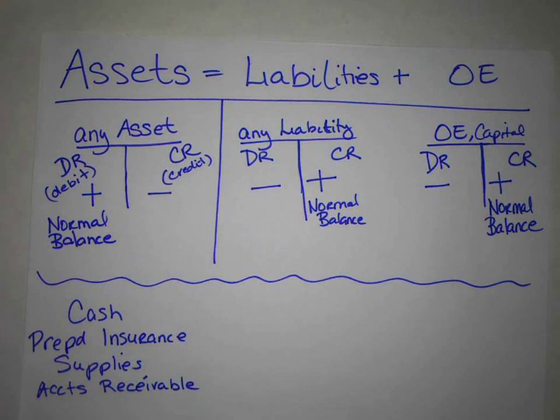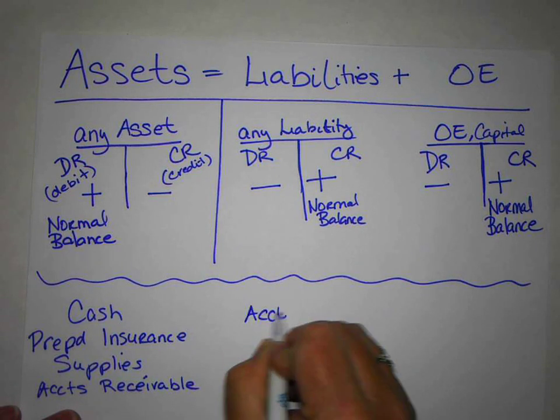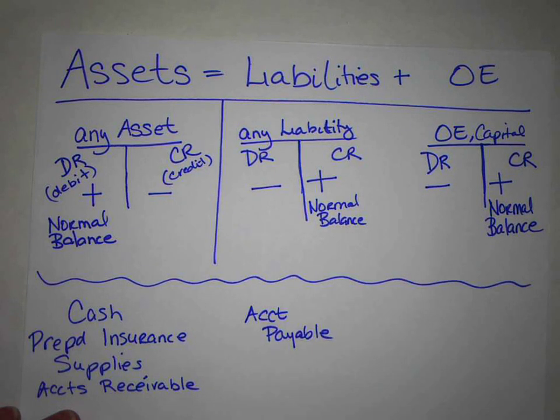Those are the assets we've had so far. For liabilities, basically I told you the only one that we're going to see through this whole process is accounts payable as a liability.